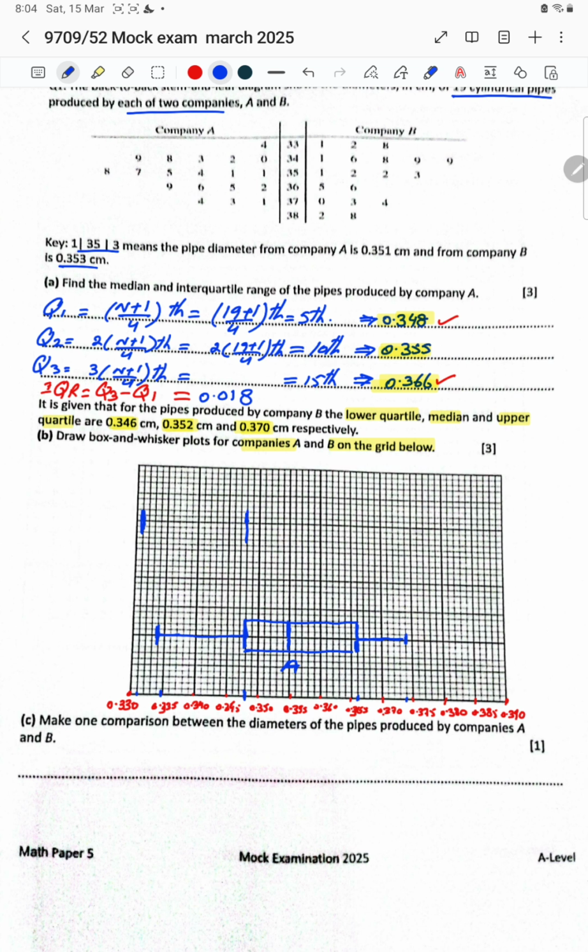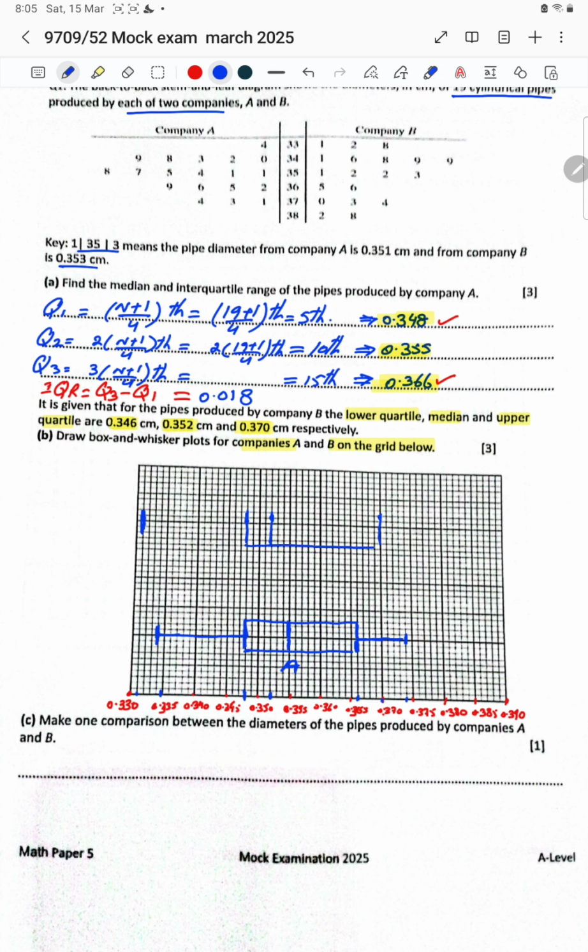We can say this is Q1 for company B, and the median is 0.352, which will be here, and it goes up. Then the upper quartile is given as 0.370, which will be here.